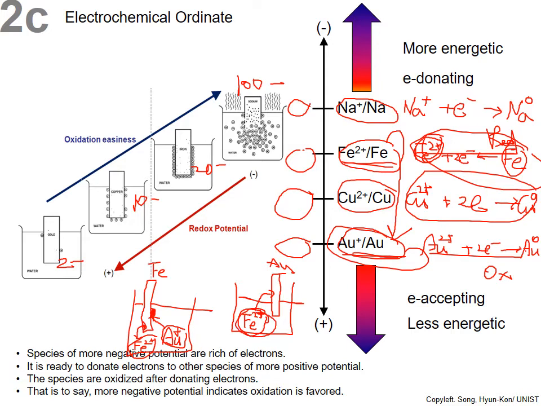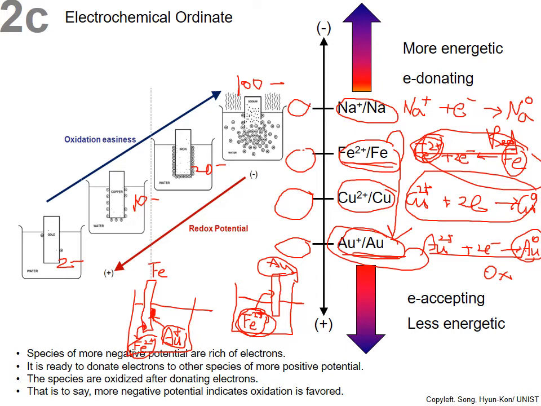At the same time, if you have gold 2 plus, maybe this gold 2 plus would get some electrons from outside. However, you have already had gold 0. So gold 0 cannot get the electrons from outside. So nothing happens in this situation.